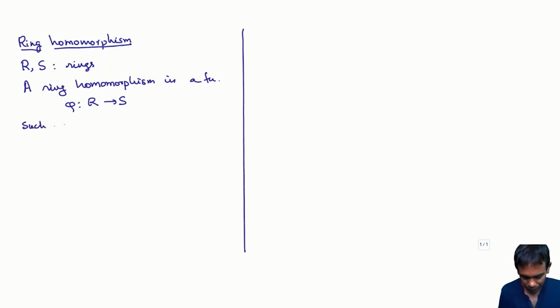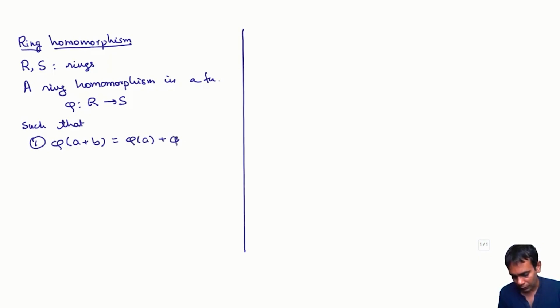So firstly, we assume that phi of A plus B is phi of A plus phi of B for all A, B in R, and it preserves multiplication. Phi of A times B is equal to phi of A times phi of B for all A, B in R.